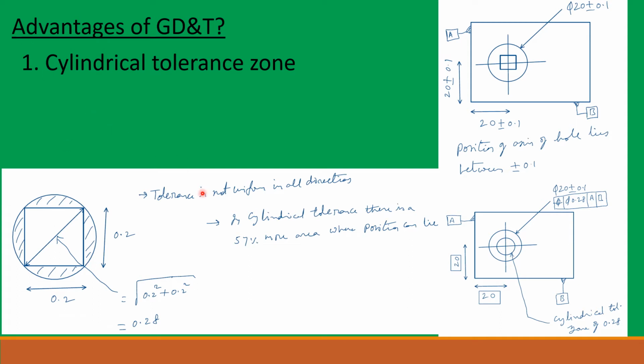A more logical and functional approach is to allow same tolerances for a hole location in all directions, creating a cylindrical tolerance zone. So GD&T allows us to do so. Additionally, this cylindrical tolerance zone system has 57% more area where position of the feature can lie.